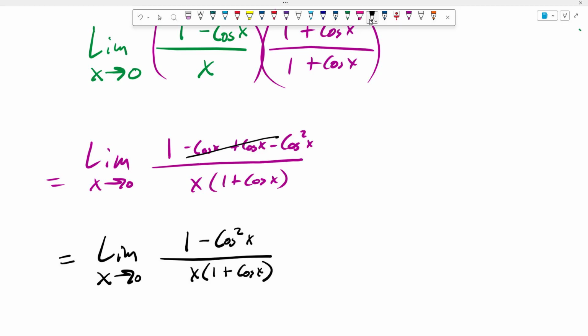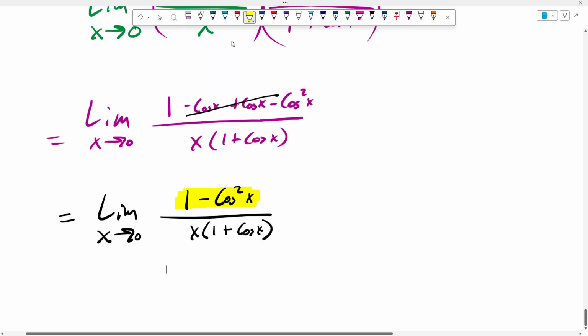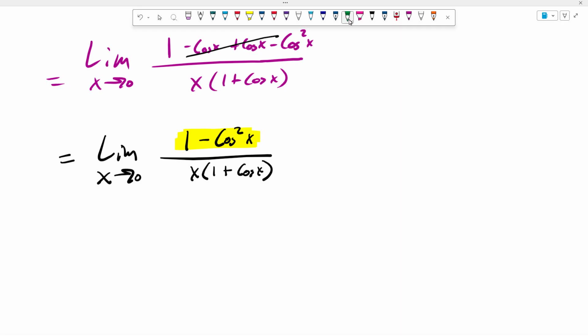However, I could substitute this in for something. What is 1 minus cosine squared always equal to? Sine squared, right? Because sine squared plus cosine squared equals 1. So sine squared is 1 minus cosine squared.